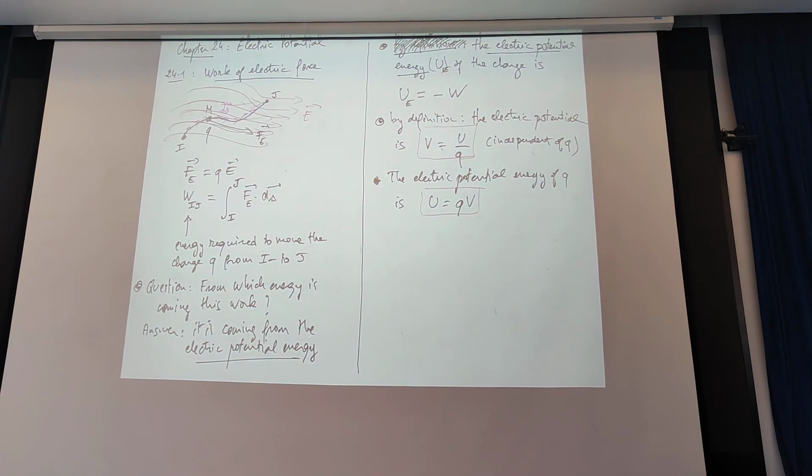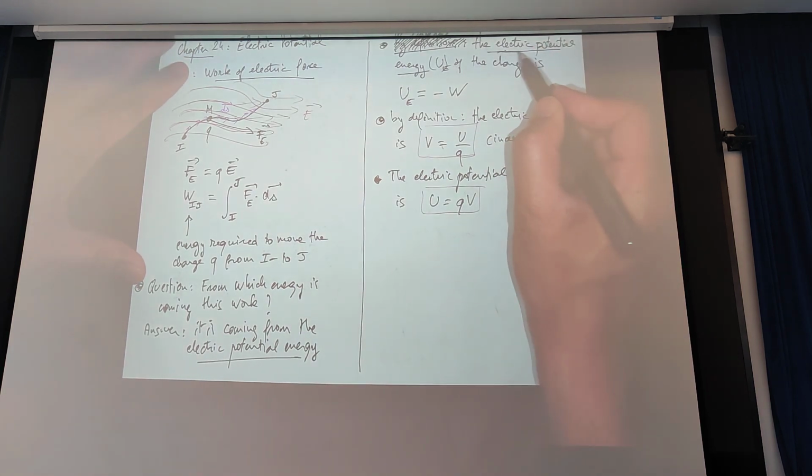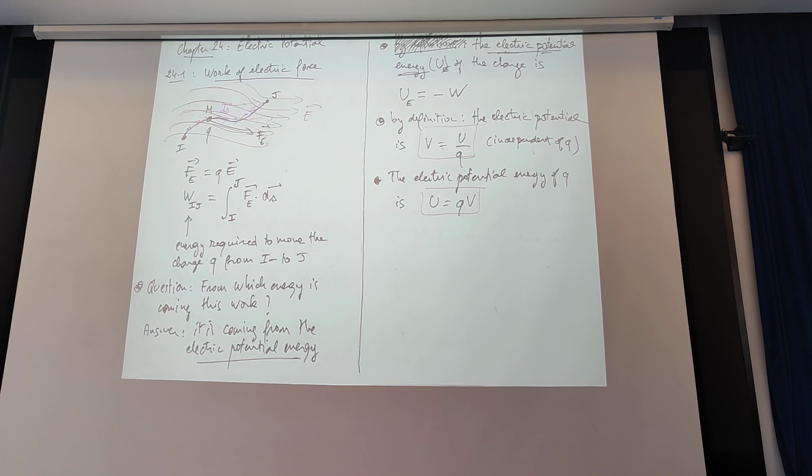Okay, so again, the energy required to move the charge in the field E is coming from an electric potential energy. It is important, electric potential energy, U. But from this we can define an electric potential, which is the electric potential energy divided by the charge.